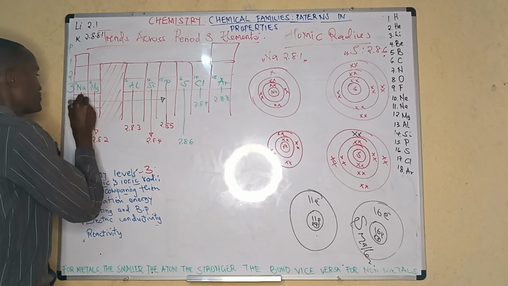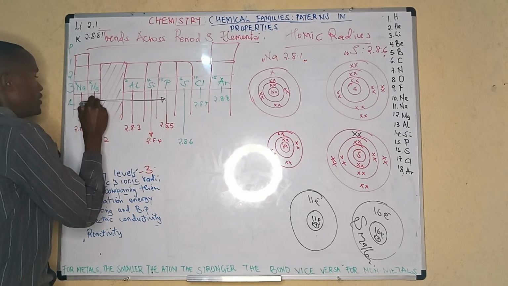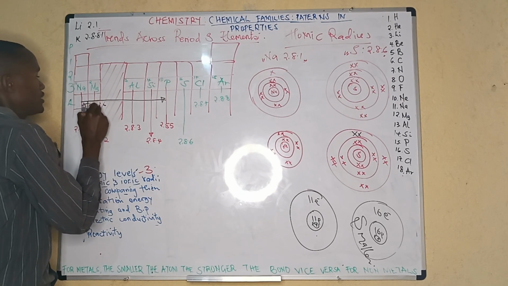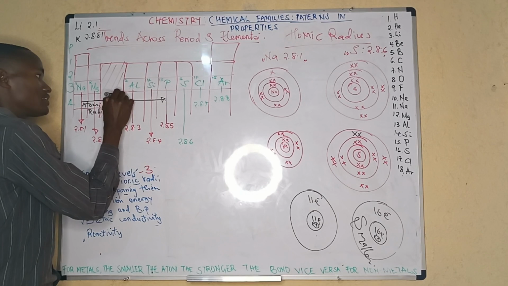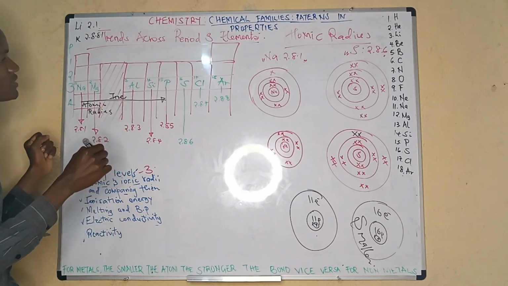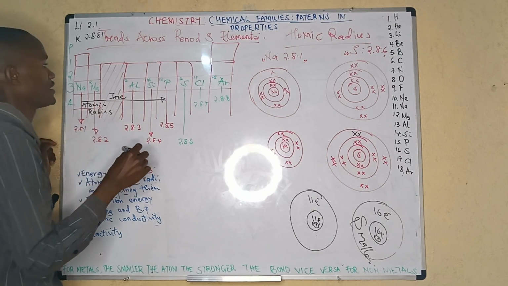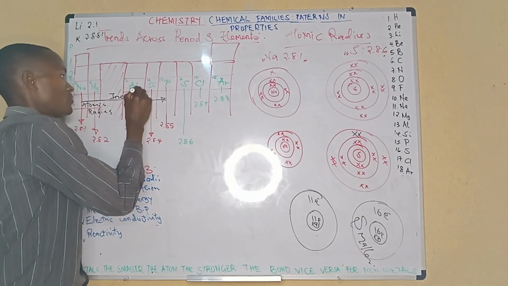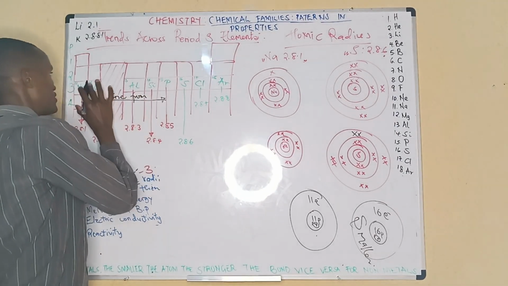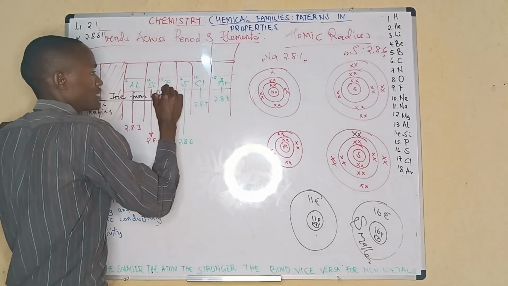the atomic radius increases. We won't say down the group now, we are in a period, from this part here, this is my left hand side, from left to right.